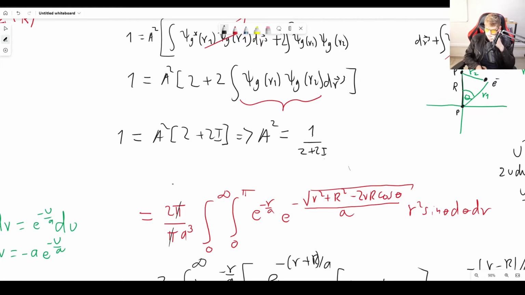And I is, as we just saw, e to the minus big R over a, factor of, I think it was 1 plus r over a plus r over a squared times 1/3. So this is the big result.